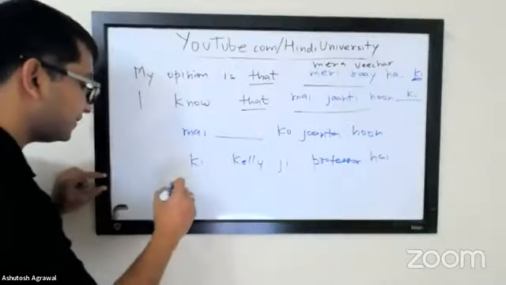If you think of pata and malum, maybe think of it as knowledge. So I have knowledge that, or I have awareness that. Think of it more along those lines, or like it is known to me.